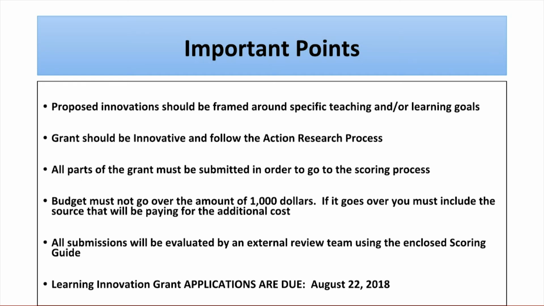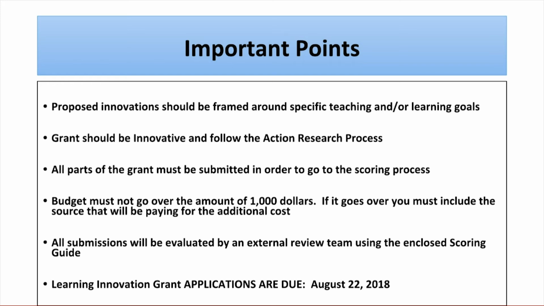The budget has caused people to be put aside, not even get scored. Two of the best grants I've ever seen in my life got put to the side because they put down that they needed more money than $1,000. Do not do that. It's $1,000 or less. If you don't need $1,000, you don't have to put that down, but you can get up to $1,000 if you're awarded. So put $1,000.